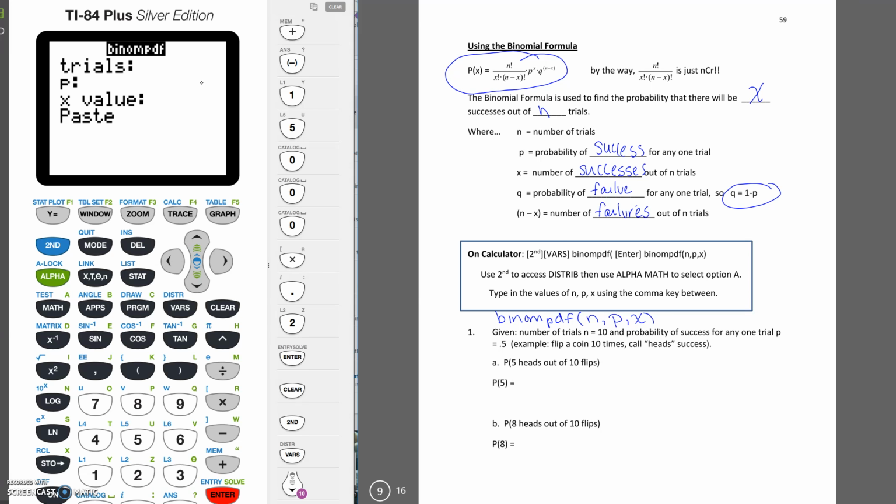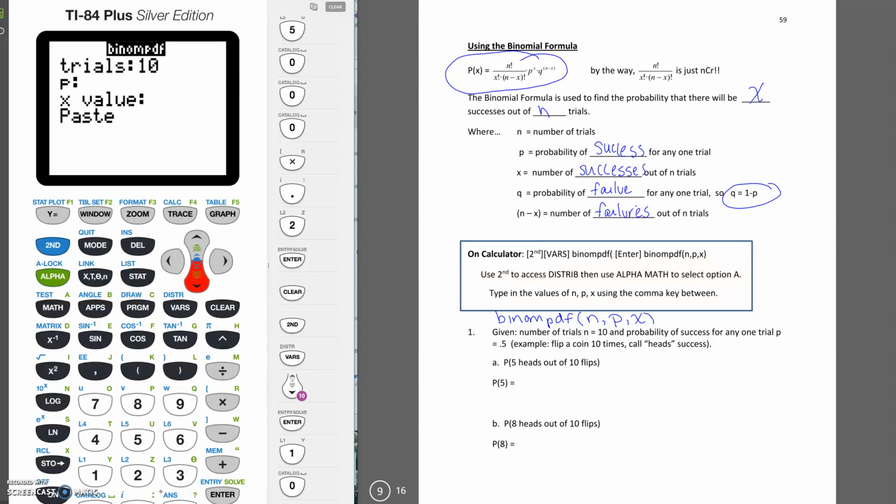So we'll do some examples here. Number 1 says, given the number of trials is 10 and the probability of success is 0.5, for part A, find the probability of 5 heads out of 10 flips. So we're going to do binompdf. The trials here is 10.